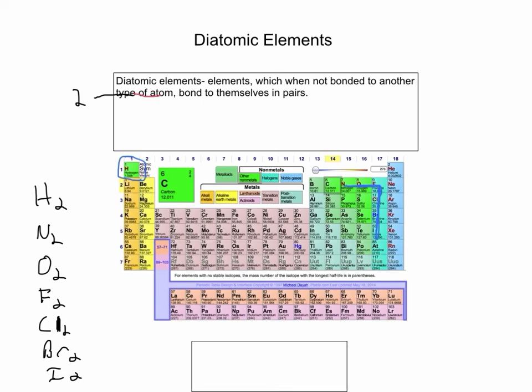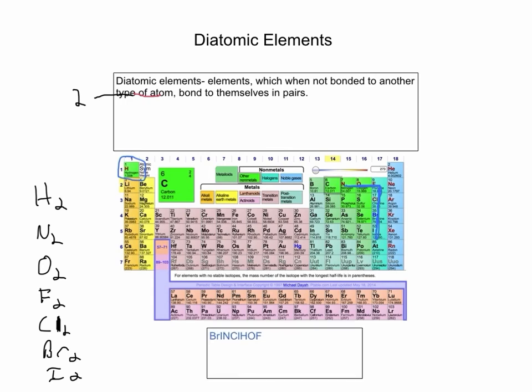Another way to remember this is this saying, Brinkelhoff. And this is just a combination of all the letters from the diatomic elements. It's another way to remember it. So Brinkelhoff, or the 7 on the periodic table.